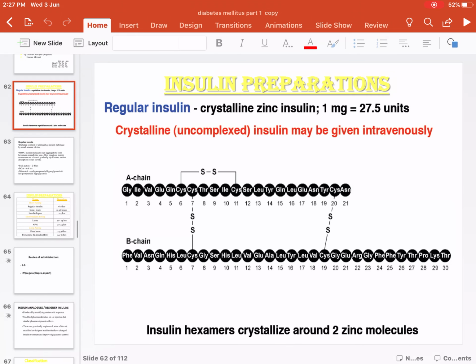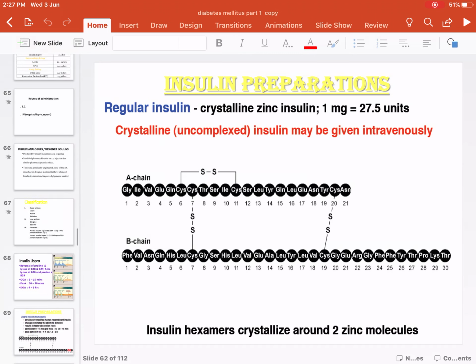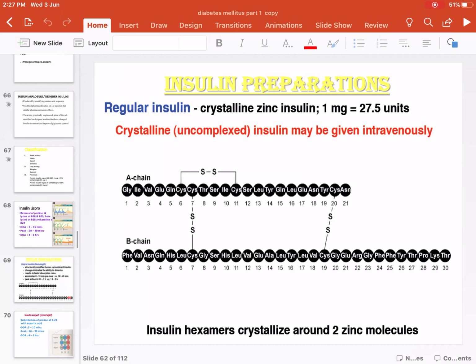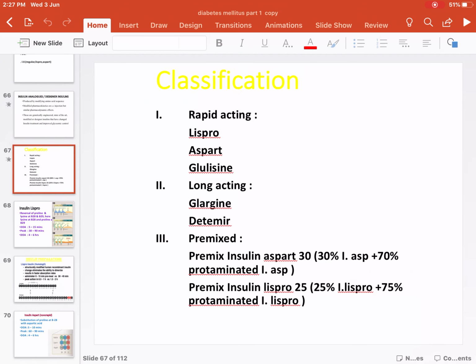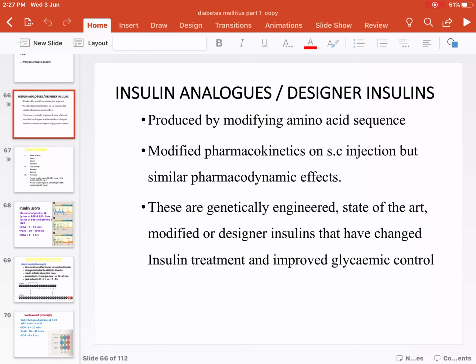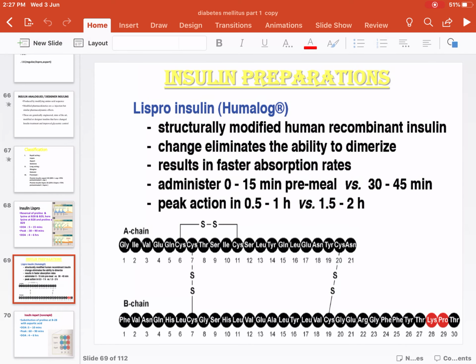We know this is the structure of insulin. If we are able to modify any of these amino acids and produce insulin which has different properties, those will be called insulin analogues. So these are modified or genetically engineered. What does that mean? Simple.